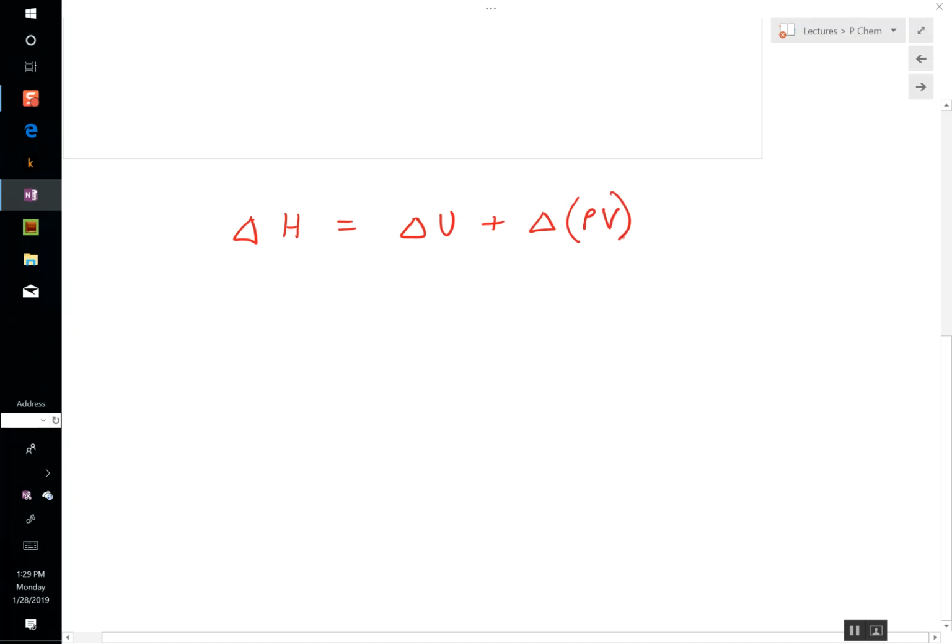What equation is that in the book? Okay, yeah, page 36, where H equals U plus PV: enthalpy equals internal energy plus pressure times volume.